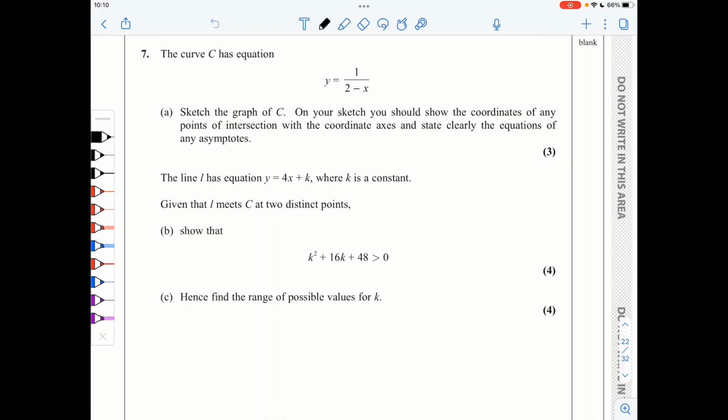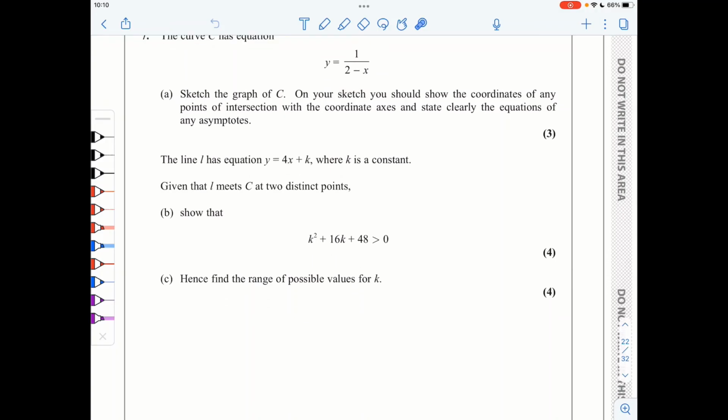In question 7, the curve C has equation y is 1/(2 minus x), and we need to sketch the graph of C. Well, we know that this is a reciprocal graph, so it has asymptotes. We have been asked to state the coordinates of any points of intersection and the equations of any asymptotes.